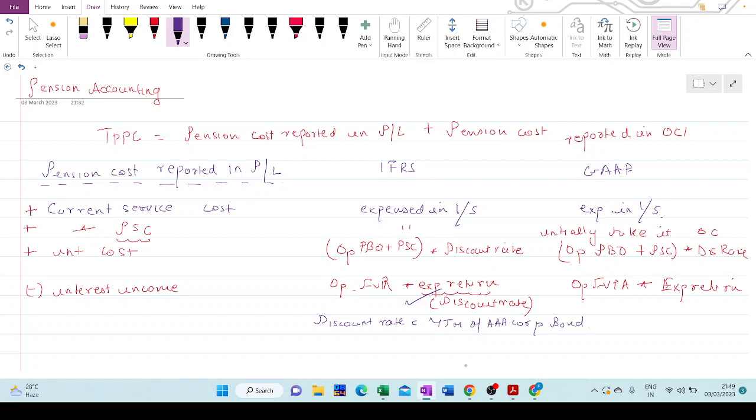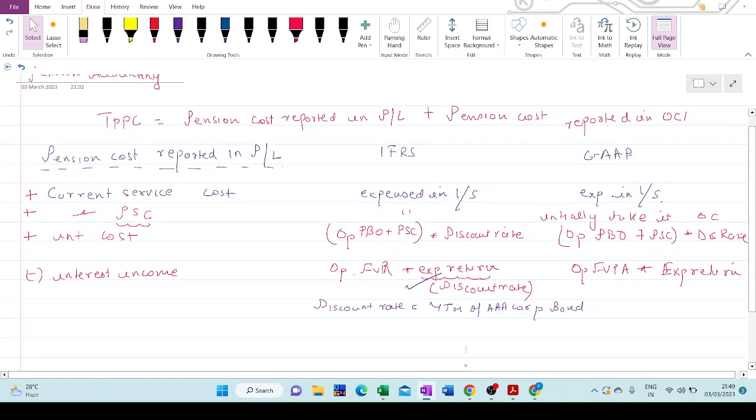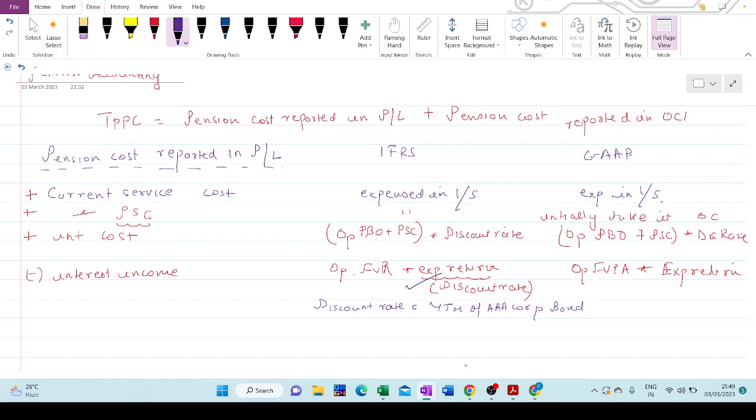And under US GAAP, the company, the employer, gets to choose the expected return. So interest income in IFRS is opening FVPA into discount rate, and in GAAP, interest income is opening FVPA into expected return.